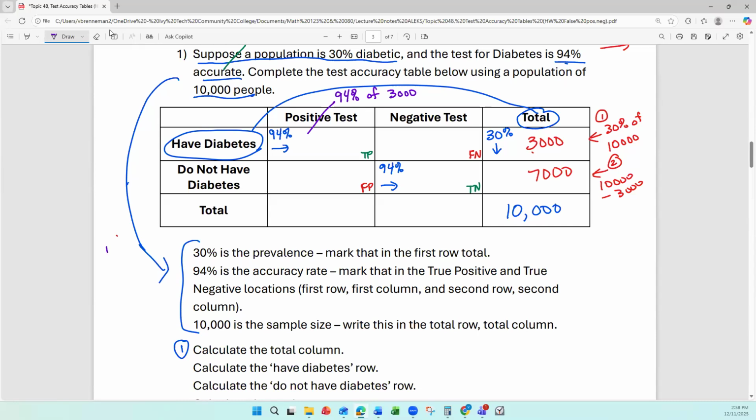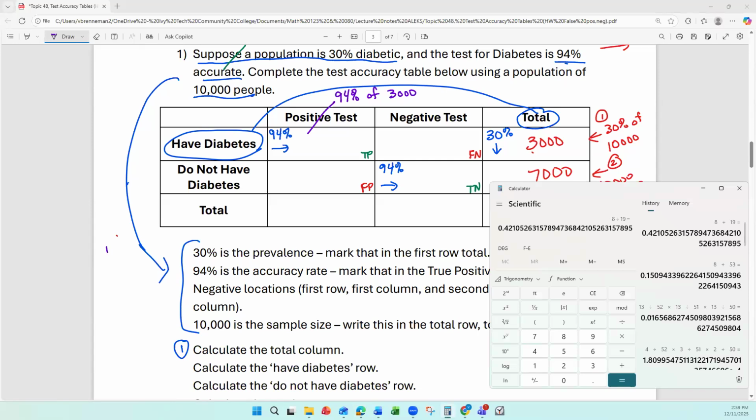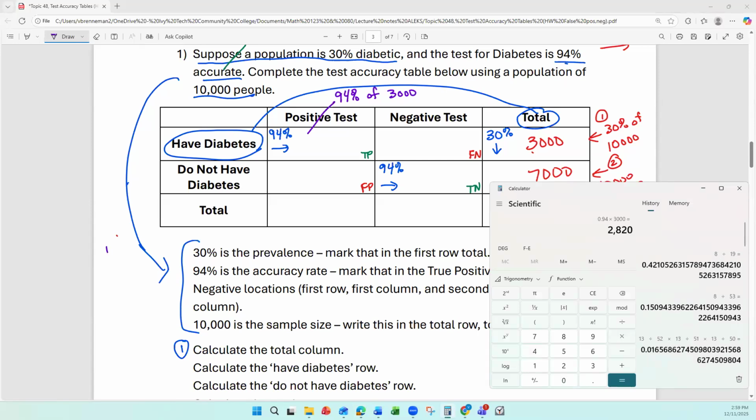It has to be a portion within the row total, within those 3,000. So there's 3,000 people that have diabetes. 94% of them get a correct positive test. 94% of 3,000 is 2820.